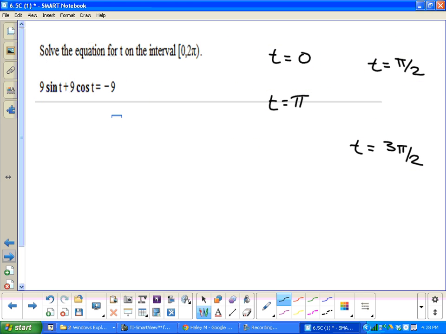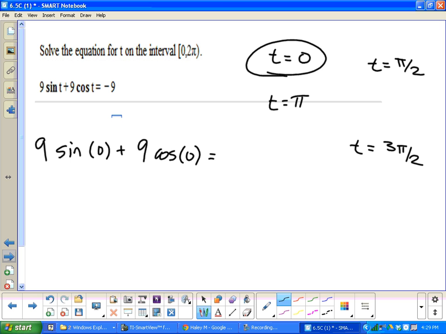Let's start with 0. So let's plug in 0. All we're going to do is plug this in and make sure it's going to be right. So we get 9 times the sine of 0 plus 9 times the cosine of 0 should be equal to negative 9. Well, let's see. Let's look on our unit circle.